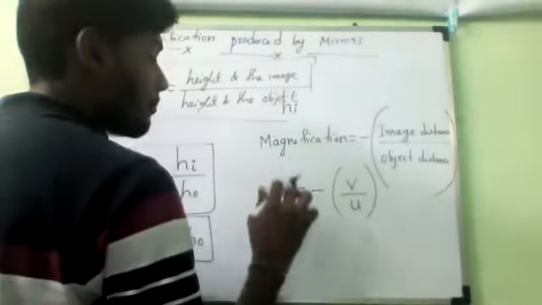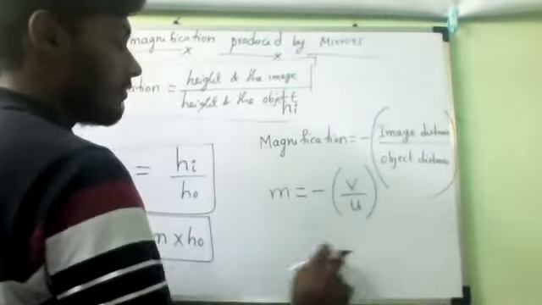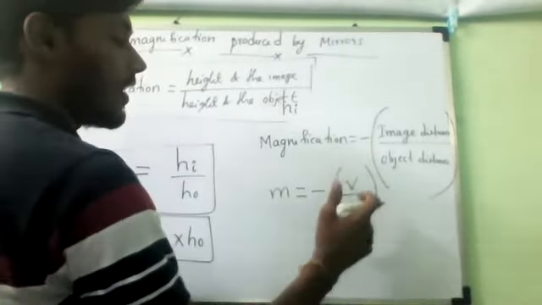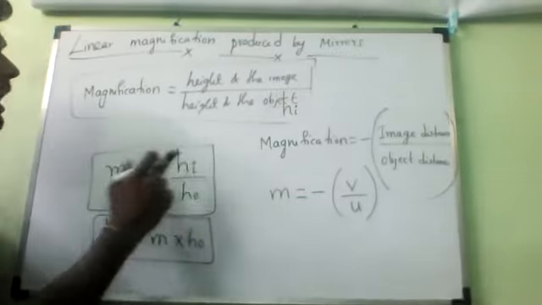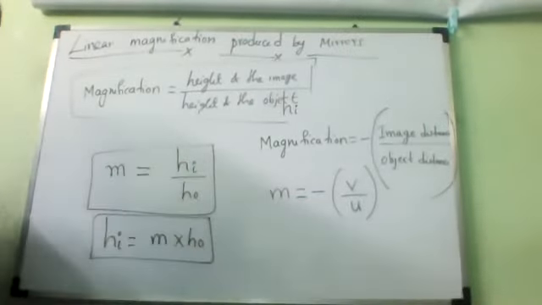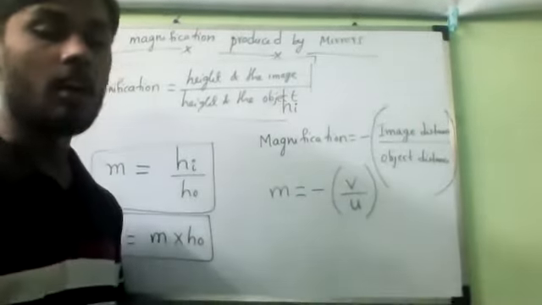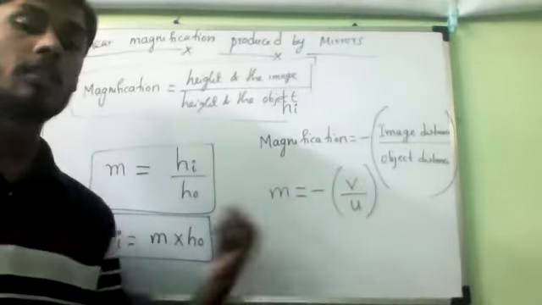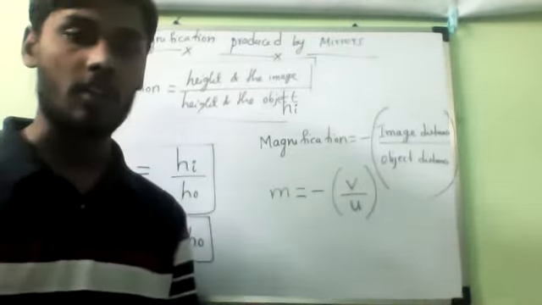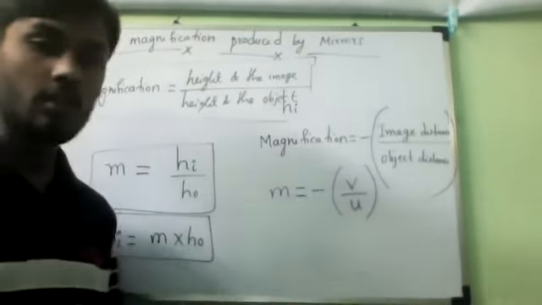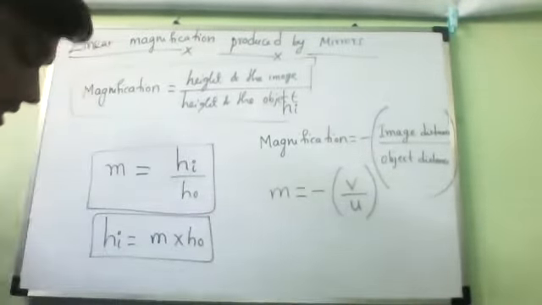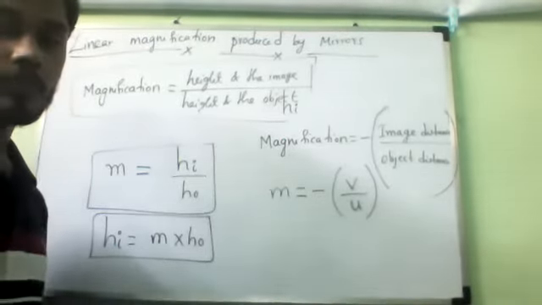This is the linear magnification with respect to image distance and object distance, and this is the linear magnification with respect to height of the image and height of the object. Depending upon the given data, we use either this formula or that formula to calculate magnification. We will see different numericals, and by that time you can understand. Now just note it down.